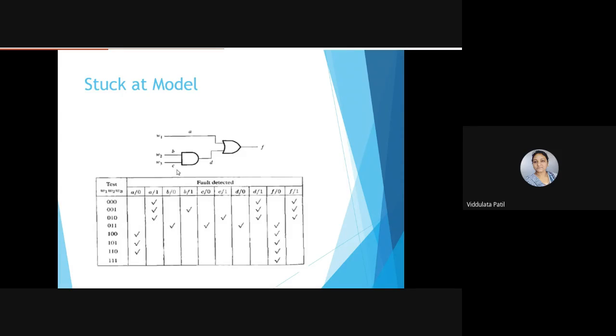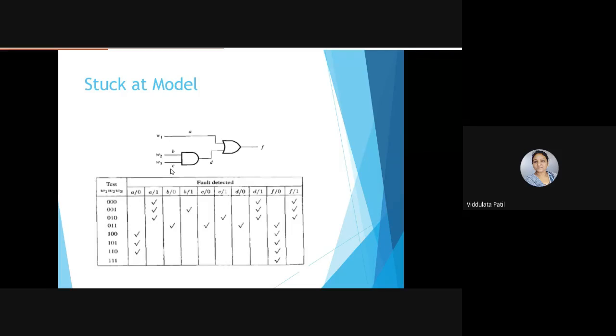If any other condition occurs, it will not affect the output; only for F stuck at 0 will it result wrongly. If A is 0, because of B and C we are going to get a 1 result. If A is stuck at 1, then it will not affect the output. If B is stuck at 0, then as A is equal to 1, the output will be 1.